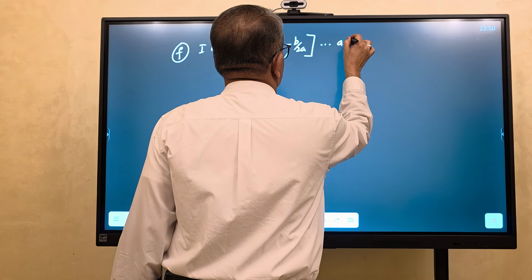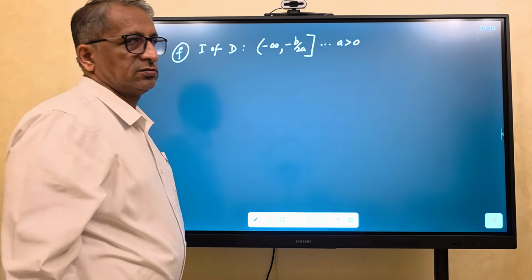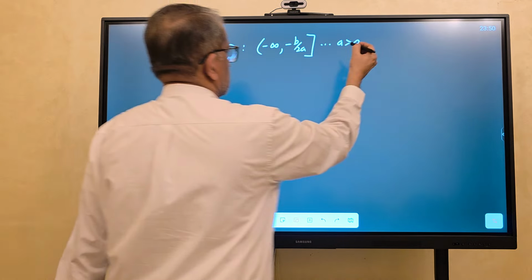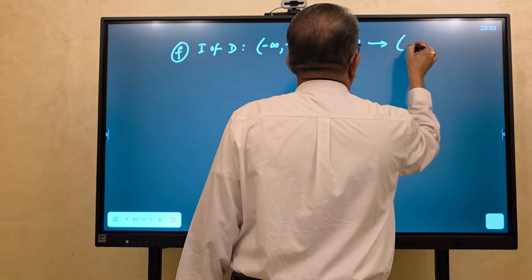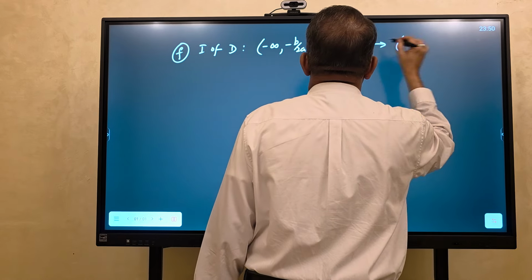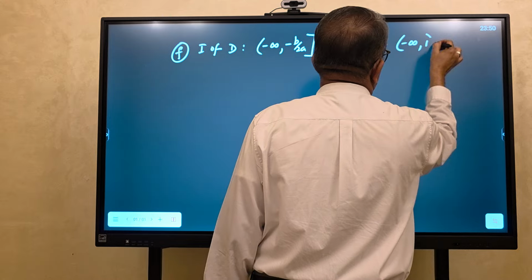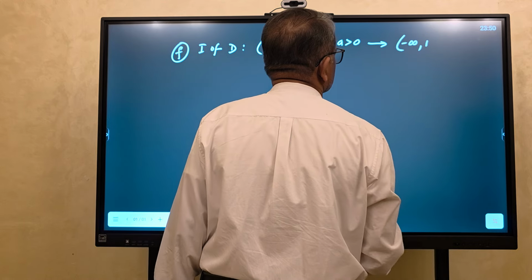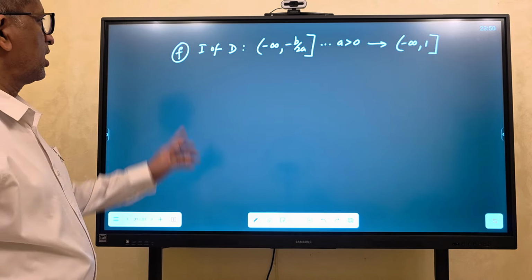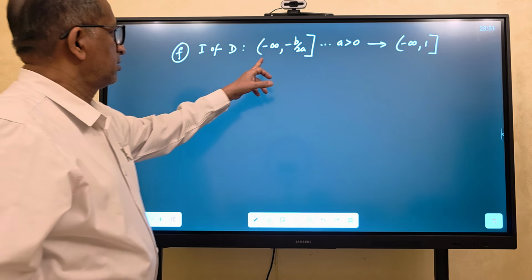This is to be used when a is positive. For a negative, different. So what is the answer? Minus infinity, minus b by 2a, which we already found. It is 1. So close bracket. This is the interval of decreasing.